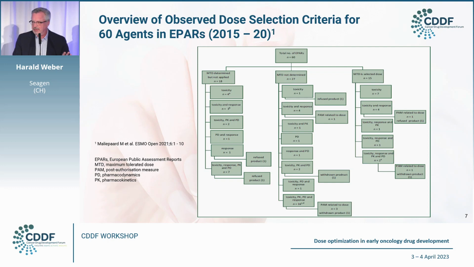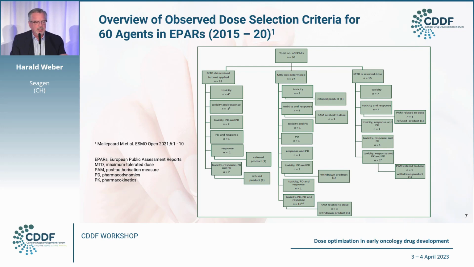I'm sorry that this is a very small picture here, but I found this, and I think it was referenced before, Malipart, ESMO Open 2021, an overview of observed dose selection criteria for 60 agents in EPARs between 2015 and 2020. On the left-hand side, what you find there is that the MTD was defined.